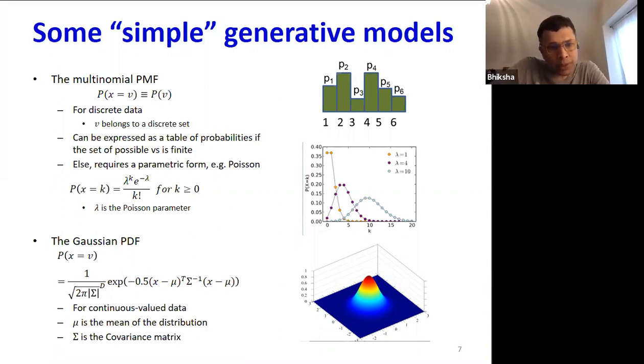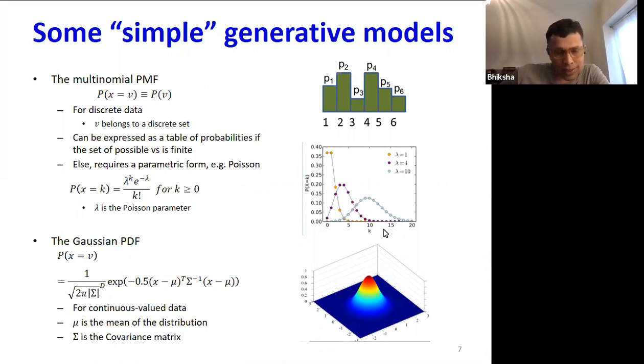Or, for example, if you have discrete data that can take a countably infinite number of values, you would have other kinds of generative models, like the Poisson model, where the probability that a random variable x takes the value k is given by this exponential formula.